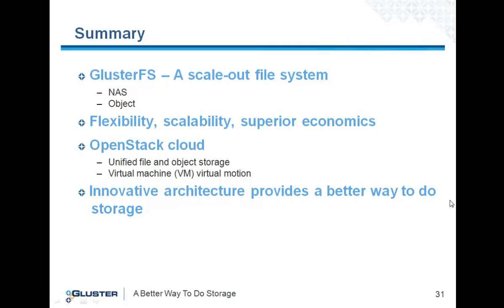When you think about deploying this kind of technology on commodity hardware, it's just an incredible value proposition for the IT environment. And we support OpenStack, that open cloud computing initiative with unified file and object, and now also bringing virtual machine, virtual motion to that environment in a seamless and unified common virtual storage pool approach.